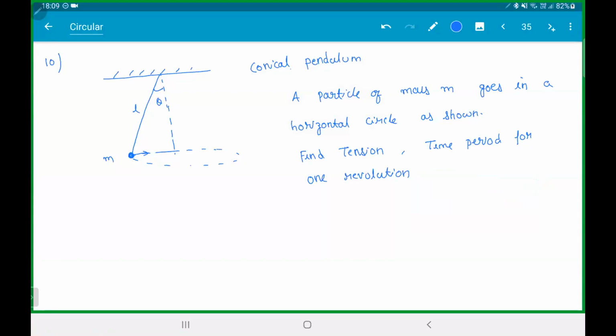Okay, the cameras which are not on, I'll kick you out. Okay, get the time period also.